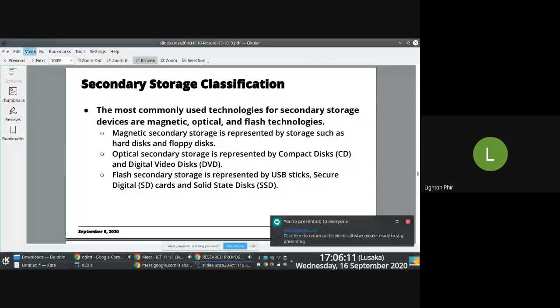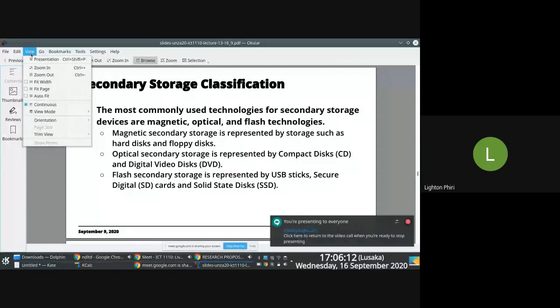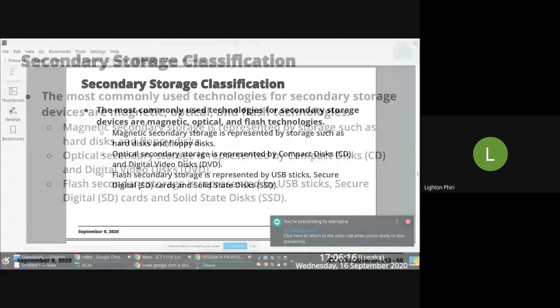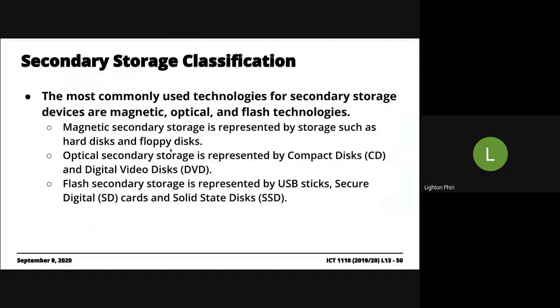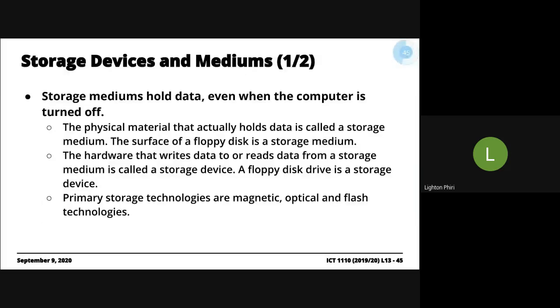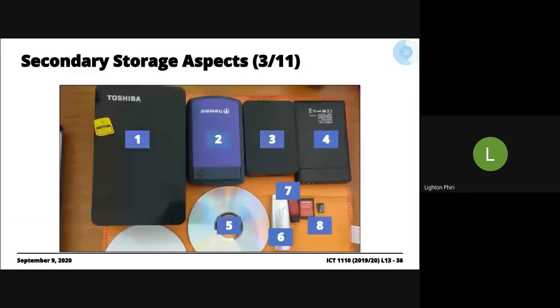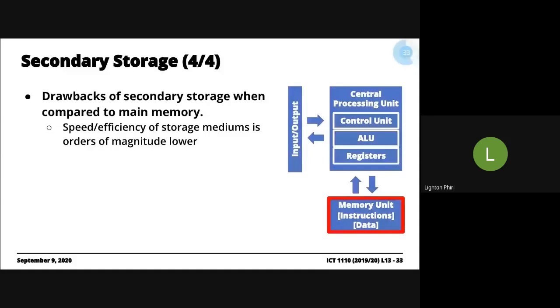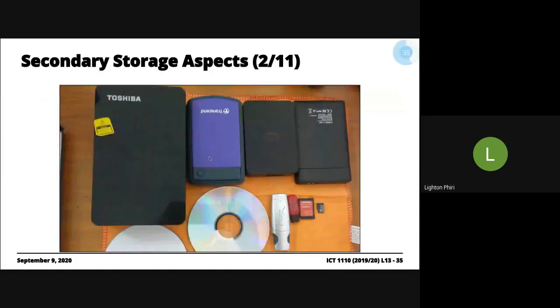So we have what's called magnetic storage. There's also optical storage, and then finally, there's so-called flash storage. Most of these widely used storage mediums will fall into one of those three categories.